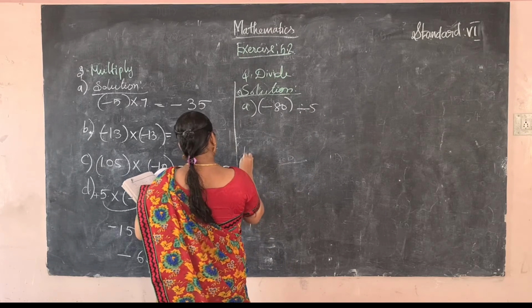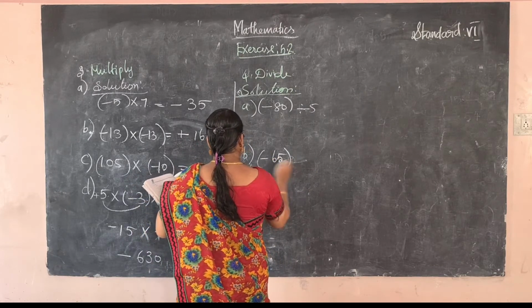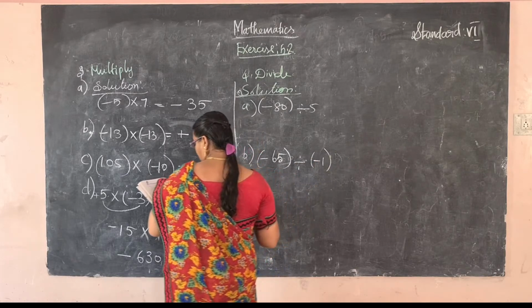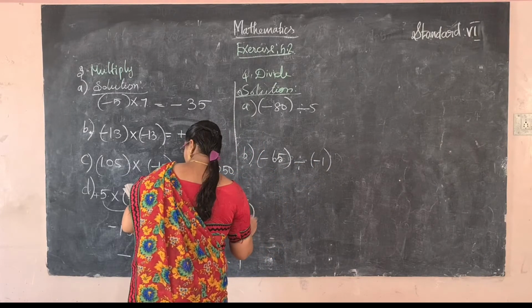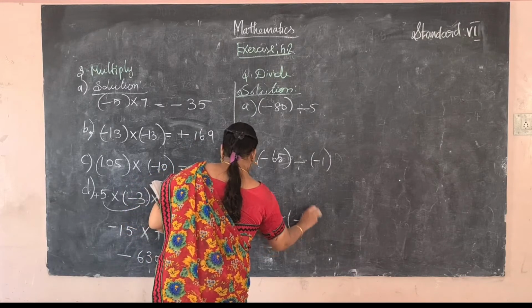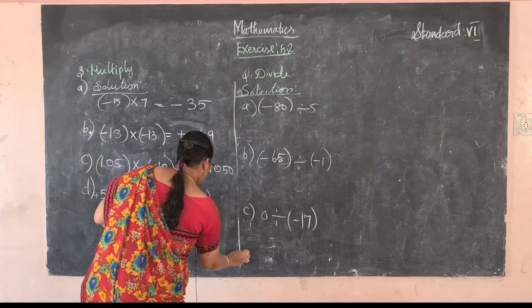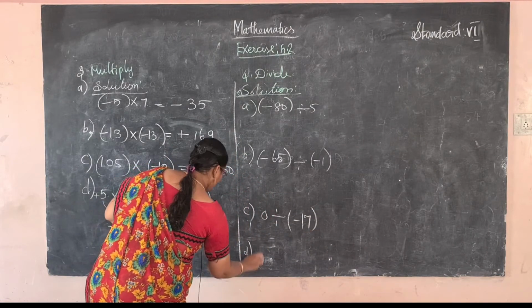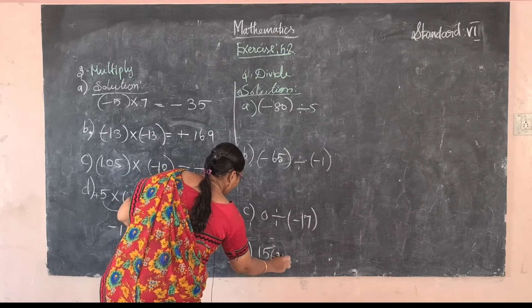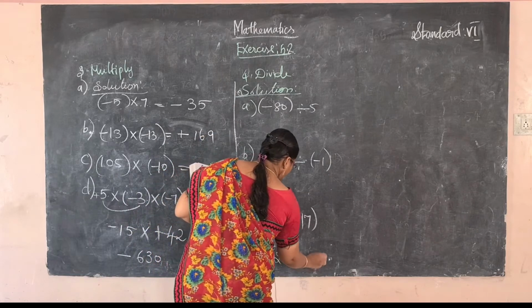B problem: minus 65 divided by minus 1. And then C, 0 divided by minus 17. And D, 15,625 divided by minus 25.